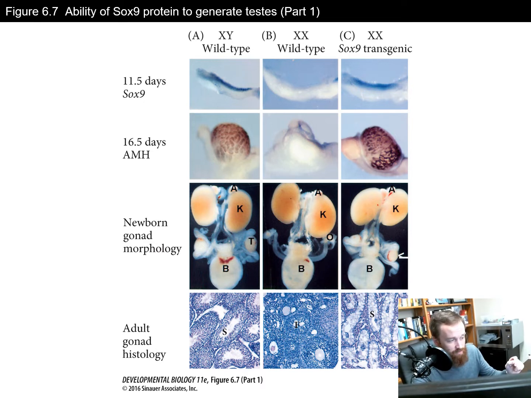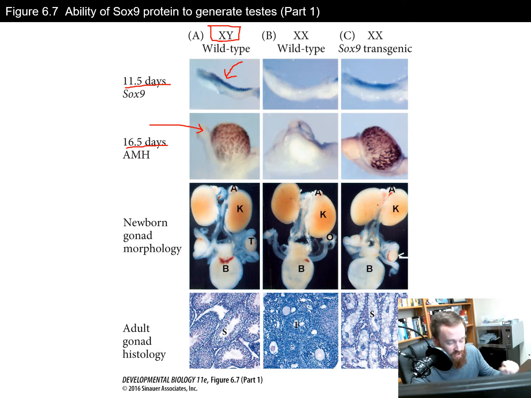So in a wild-type male, wild-type meaning there's no transgenic or genetic manipulation of any type, we can stain for SOX9 and see that it's present, as by this dark blue streak here, in the developing genital ridge. And this is at 11.5 days. Now at 16.5 days, we see that AMH, which is anti-Mullerian hormone, is present. So that's getting rid of that Mullerian duct and allowing for the Wolffian duct to be prominent in male formation.